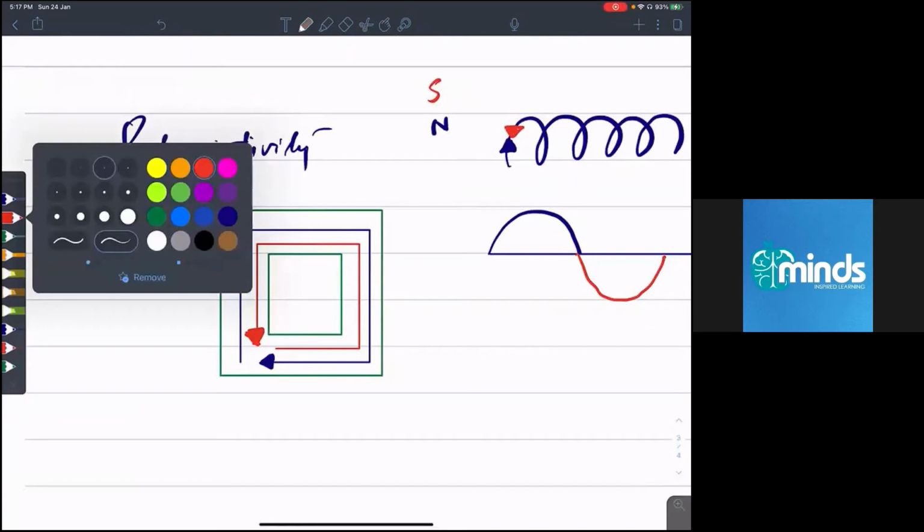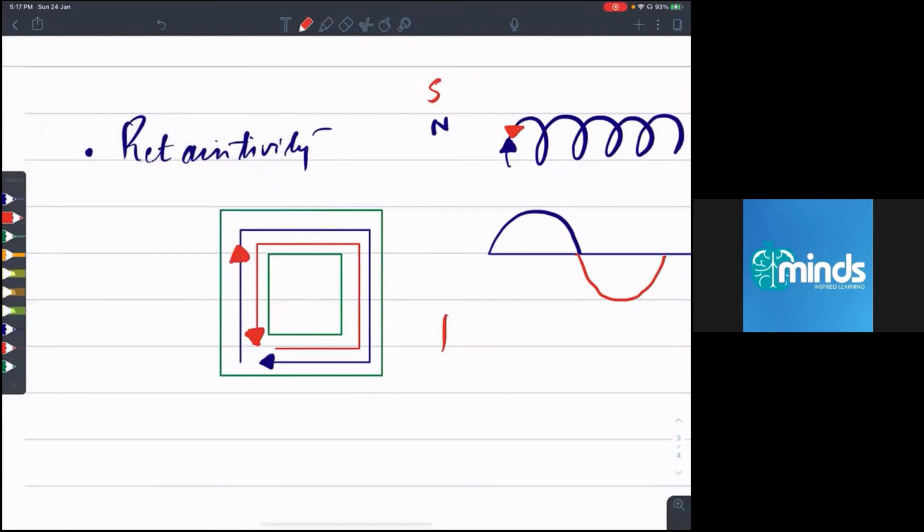That alloy is known as perm alloy. So when we talk about the frame of a transformer, these frames are actually made up of an alloy. It is an iron alloy actually, right? And this alloy is known as perm alloy.